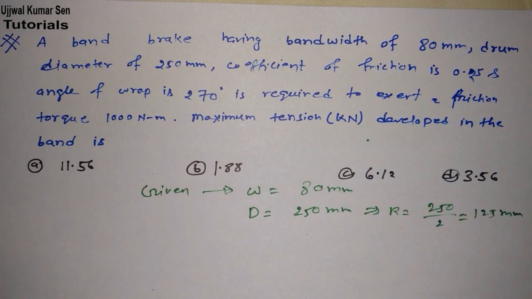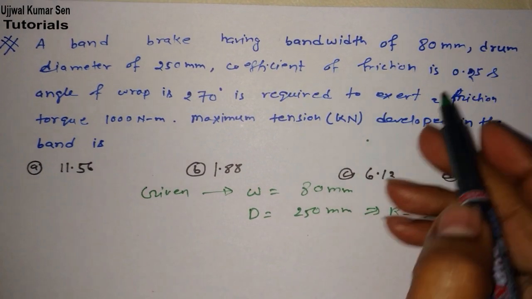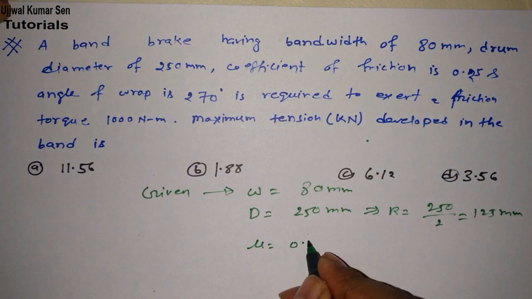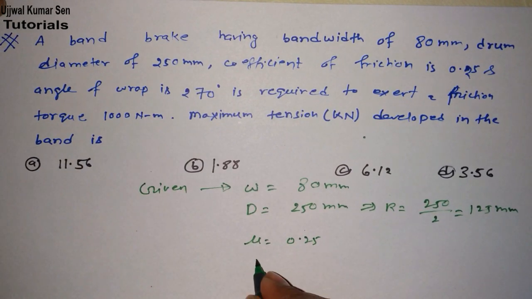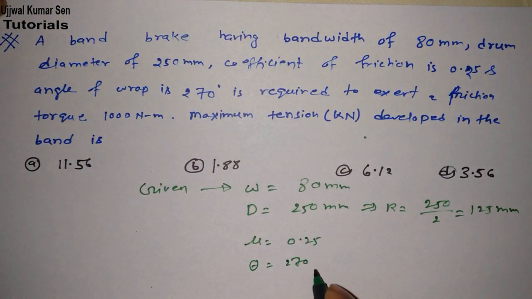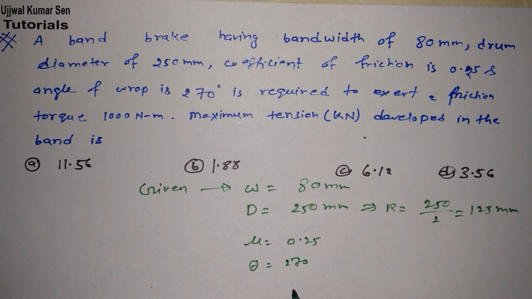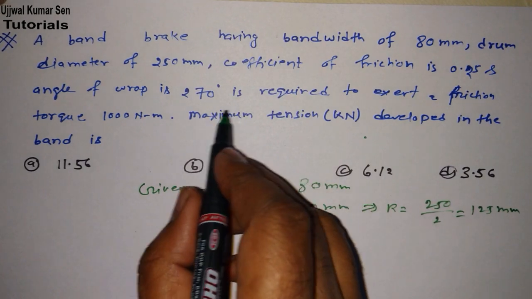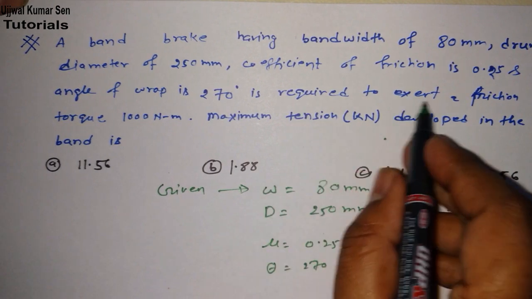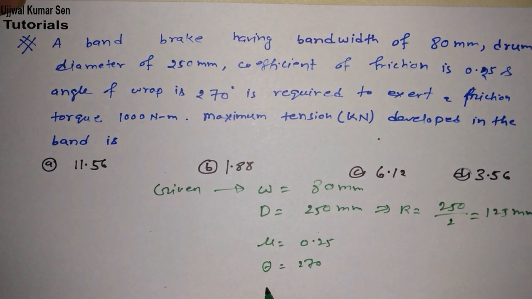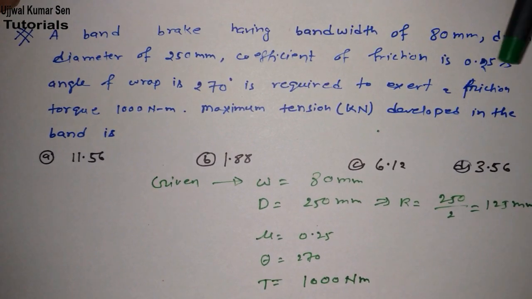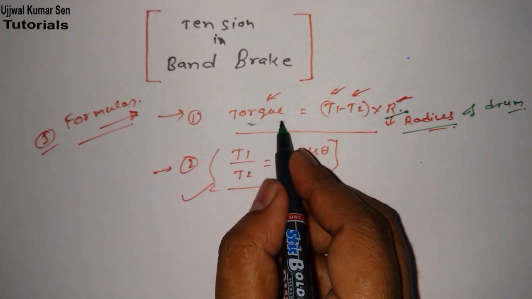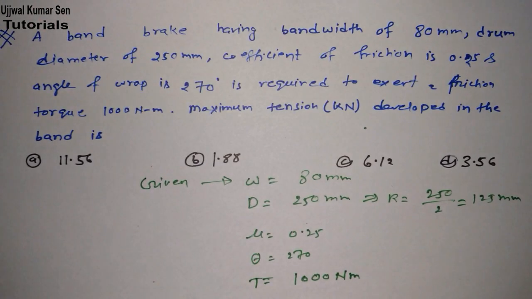The coefficient of friction given is 0.25, and the angle of wrap theta is 270 degrees. It is required to exert a friction torque, and this torque is given as 1000 Newton meter. This is the torque, right?